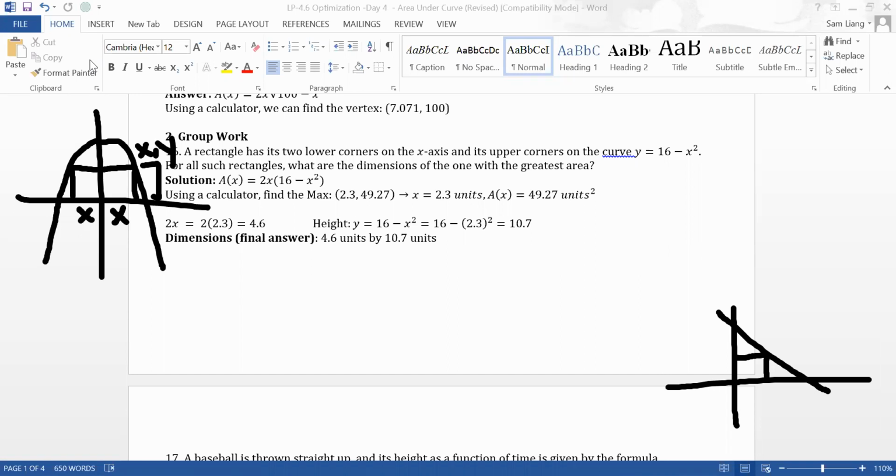All right, anyone still need to copy this? You can type in the chat or speak up. Okay, if not, then I'll move on to 17.